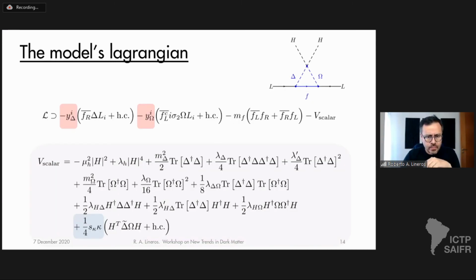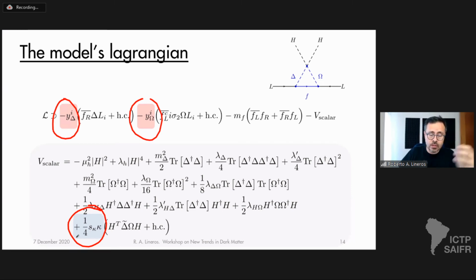If you want to see the different structure inside the model, you can see the Lagrangian, and in principle you have these Yukawas that participate in generating the neutrino masses. And this term that is essential is similar to the lambda 5 in the Scotogenic model, where lambda 5 is the coupling between the two Higgses and the etas, the doublet.